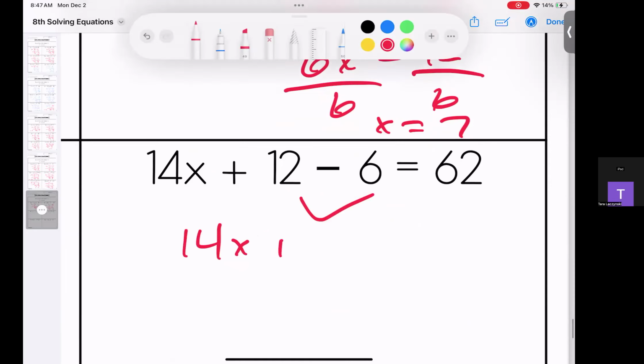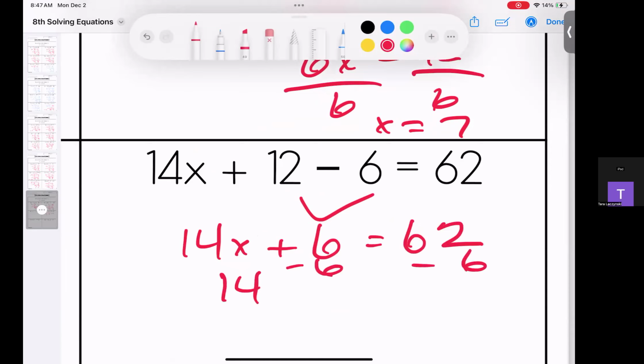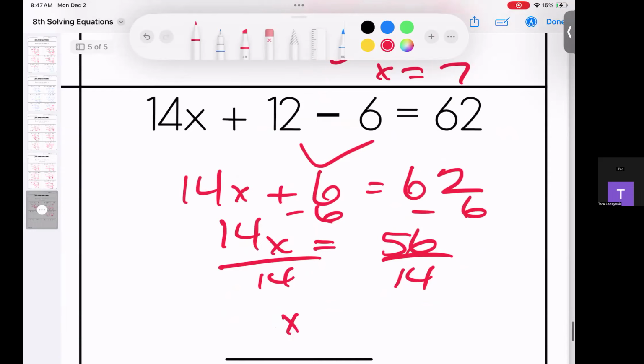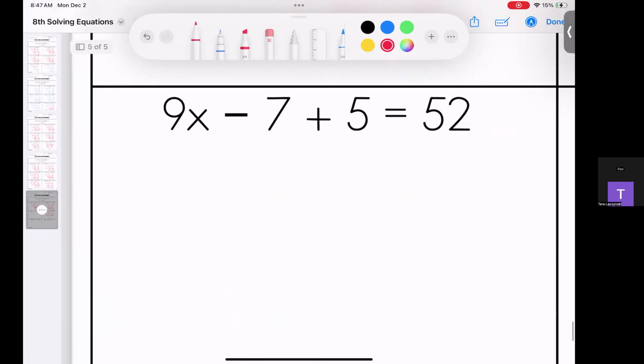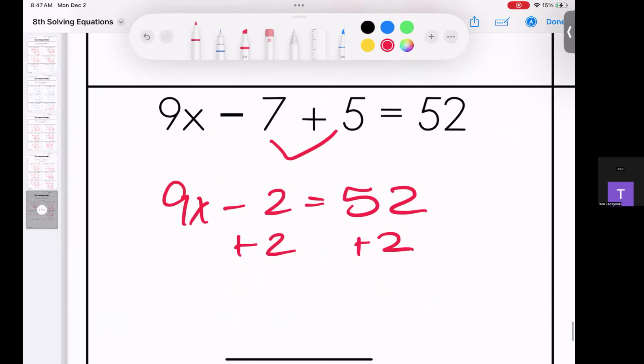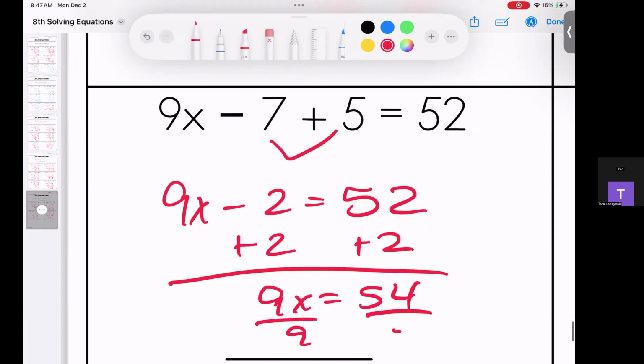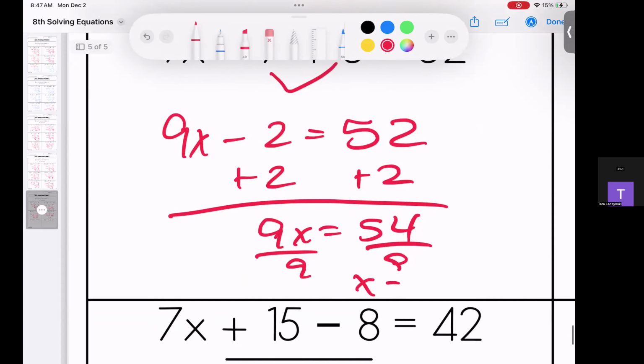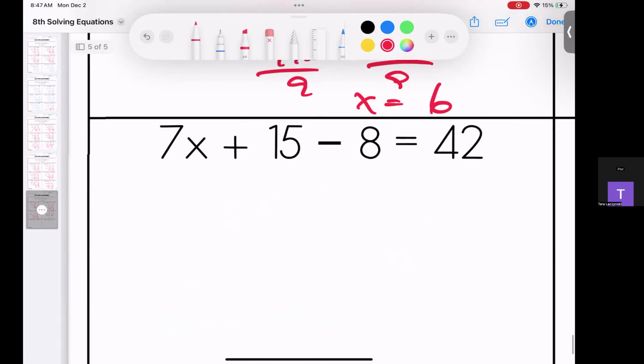14x plus 6. Subtract 6 from both sides is going to leave us with 56. X is equal to 4. Over here is going to be a -2, which we're going to add. And then we're going to divide and get our x is equal to 6.